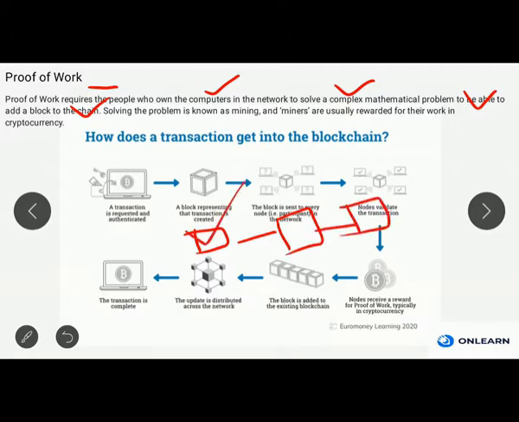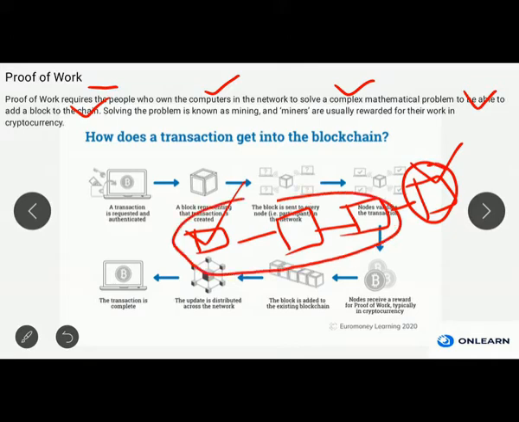Each block will have transaction information and also a crypto code, that is the hash. Now, in order to add an extra block, you need to do complex mathematical operations. Only then will this particular block be added to the continuous chain of ledgers. So that is to be remembered.